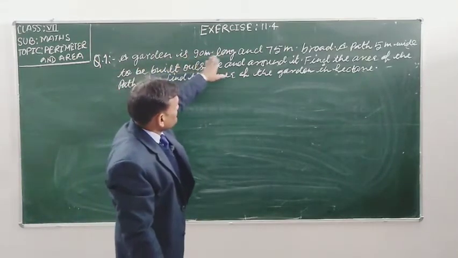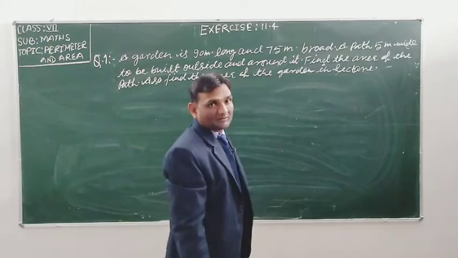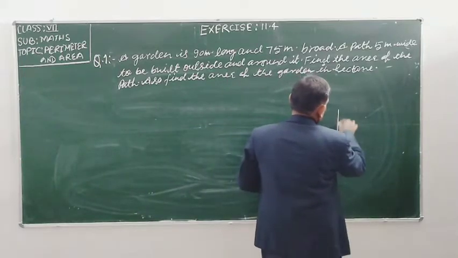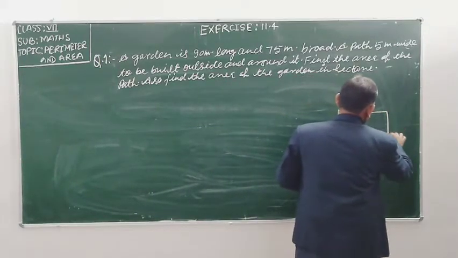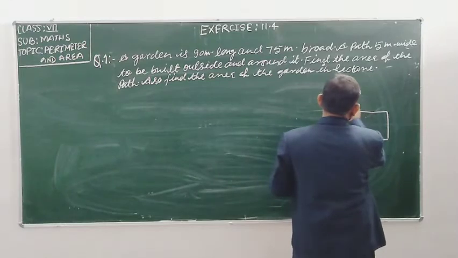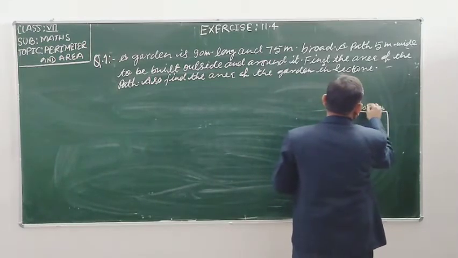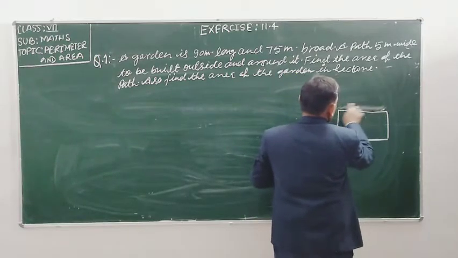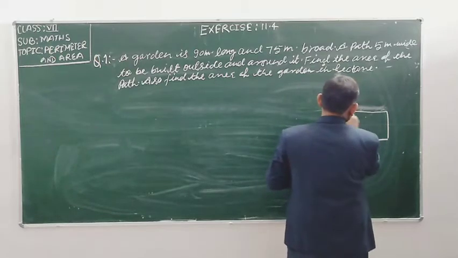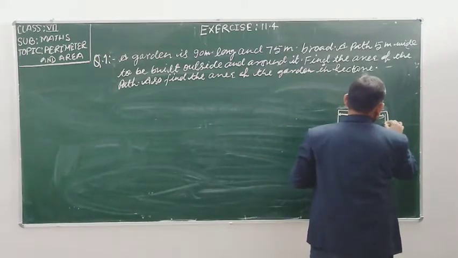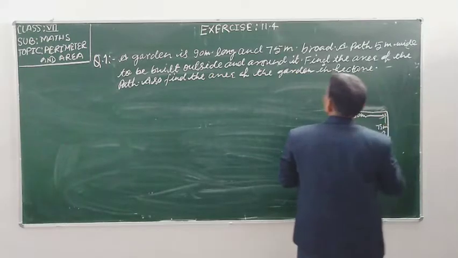A garden is 90-meter long and 75-meter broad. It means my garden is in the shape of a rectangle, like this, 90-meter long and 75-meter broad.